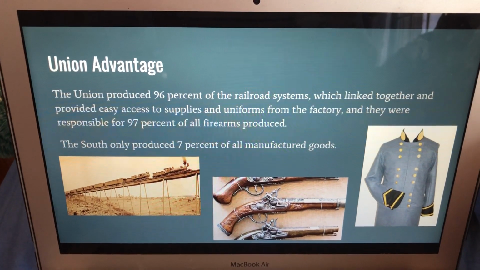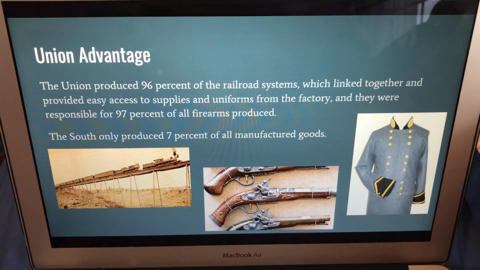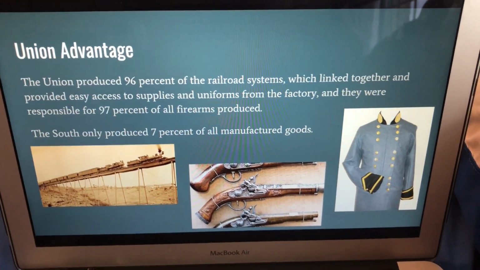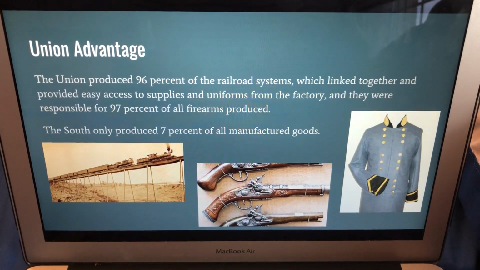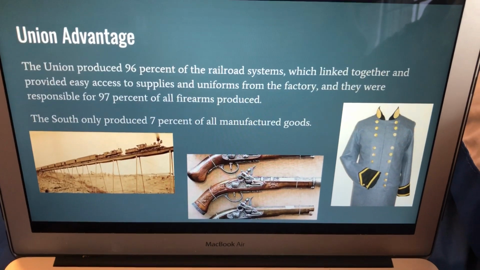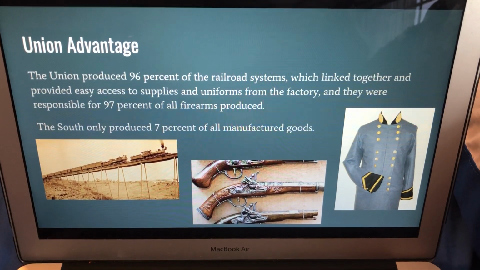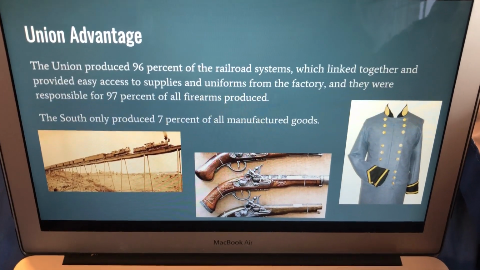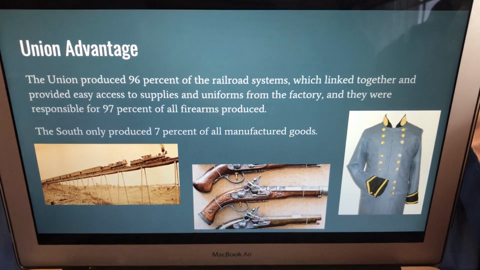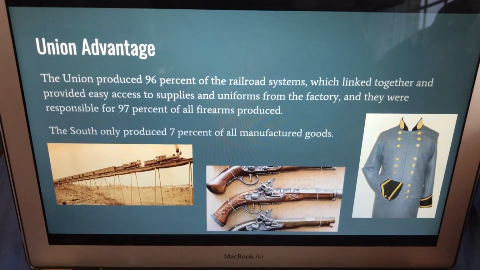They also were responsible for producing 96% of all railroad systems, and they were all, of course, linked together, which provided them with very easy access to supplies and uniforms from the factory. They would just get it shipped directly to them right there, and it wasn't a problem because they produced almost 100%.